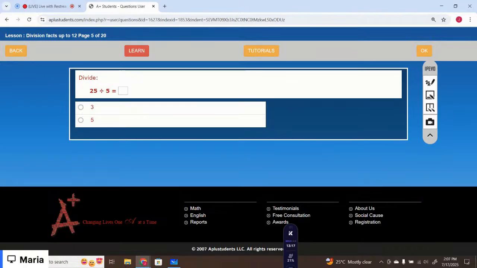25 divided by 5. So which is the correct option? That would be 5. 25 divided by 5 is 5. Option number 2 is the correct option.